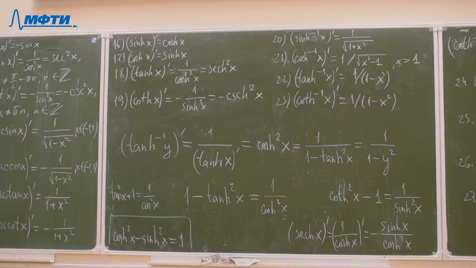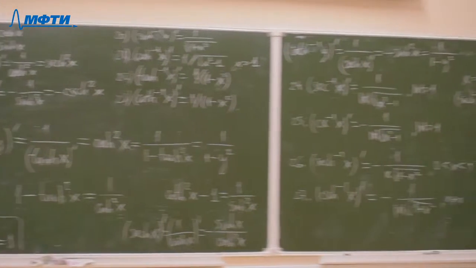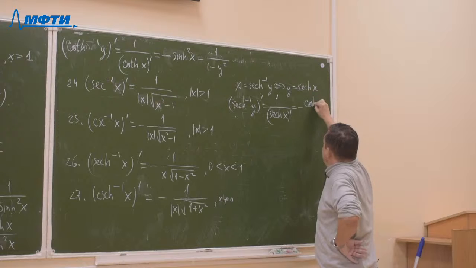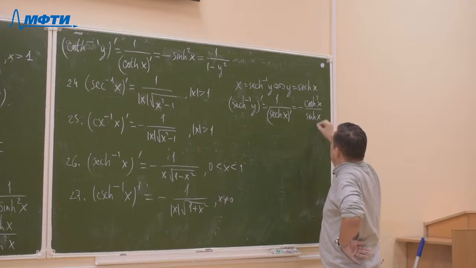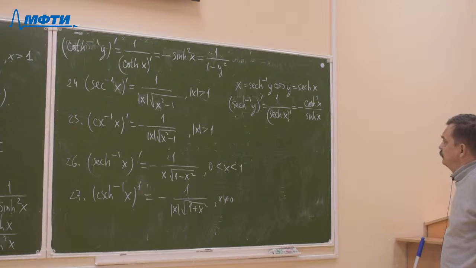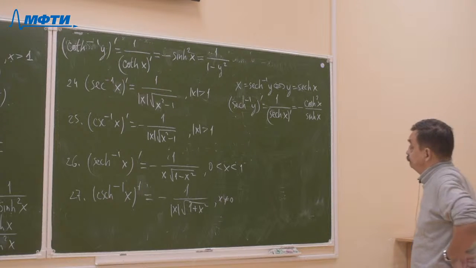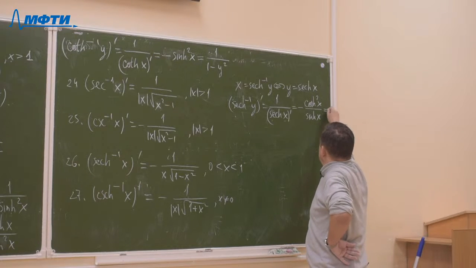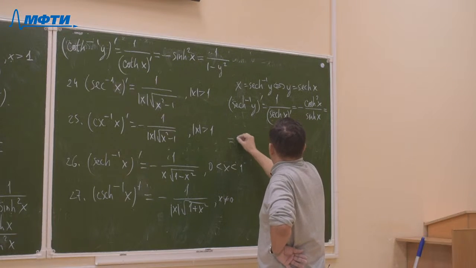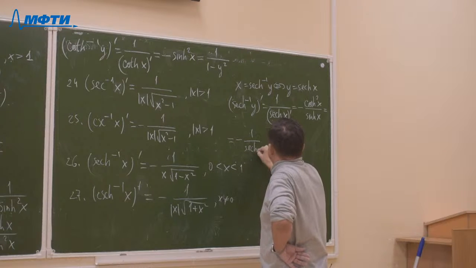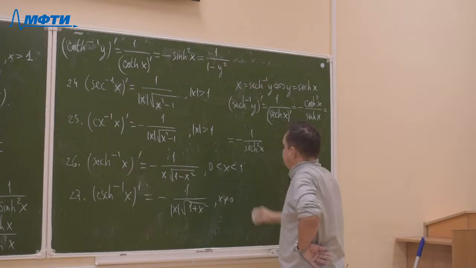So we substitute minus cosine hyperbolic squared over sine hyperbolic x. Now we should compute it in terms of secant hyperbolic, that is minus 1 over secant hyperbolic squared x.